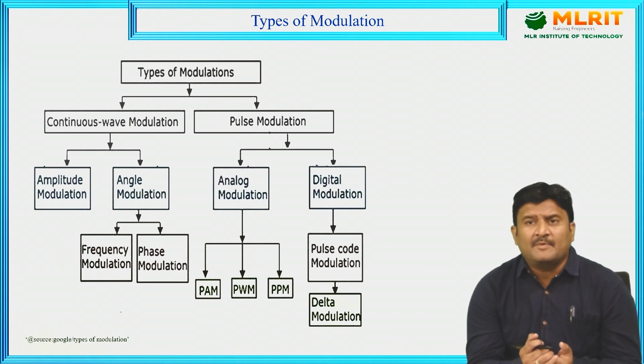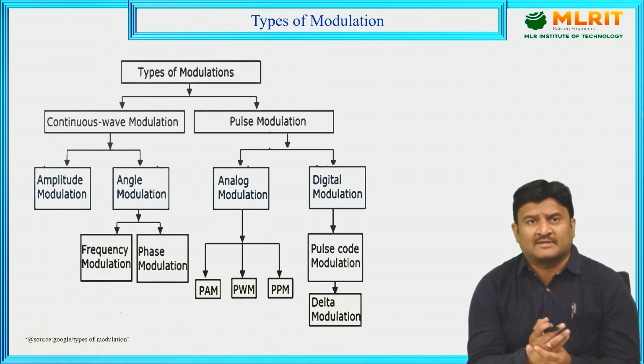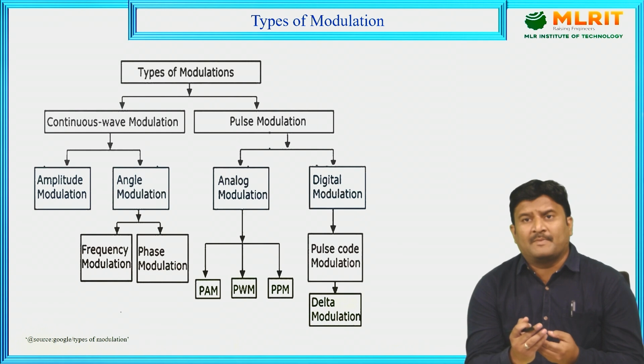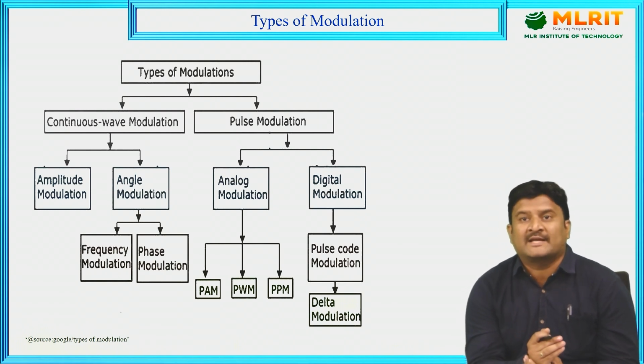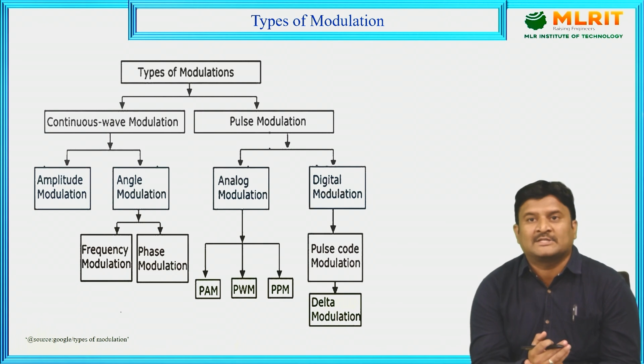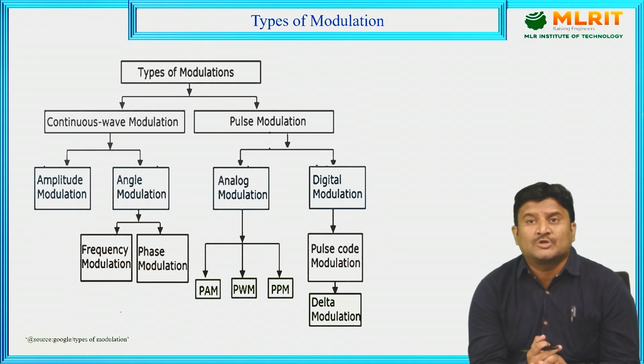In analog communications, the carrier is also continuous. In some pulse modulations, for example PWM, PPM, we take a continuous pulse train as the carrier signal. In further classes we discuss individually how the message signal varies with respect to the carrier shape.